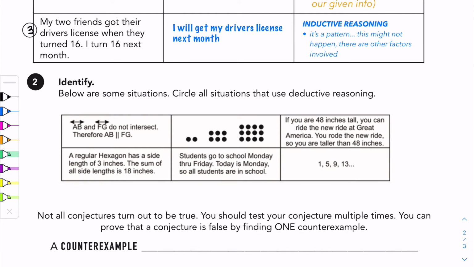For the next example, this says below are some situations. Circle all situations that use deductive reasoning. So recall that deductive reasoning is based on facts and it has a concrete conclusion.